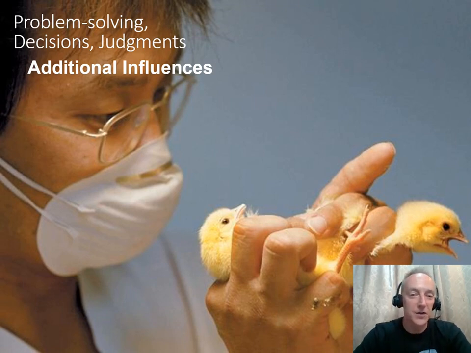This here on your screen is a chicken sexer, a vital role for poultry farmers. Their job is, as soon as possible when the eggs hatch, to identify which ones are the boy chicks and which ones are the girl chicks, which ones are the hens, which ones are the roosters.